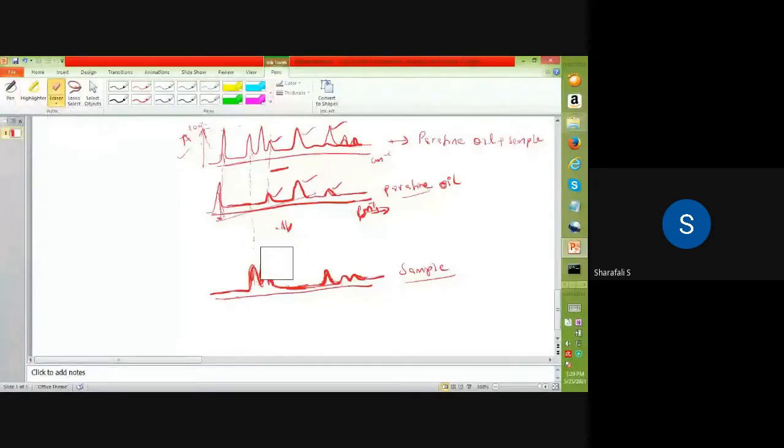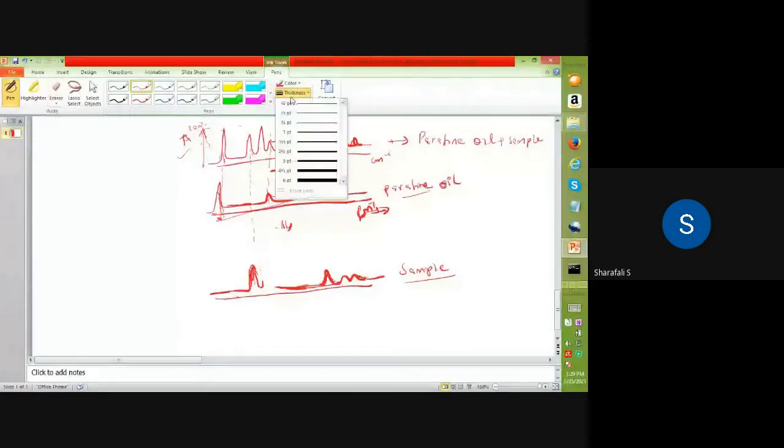By using the FTIR spectrometer, we can do all these kinds of subtraction and addition, which we will not be able to do in the case of a conventional spectrometer. Okay, so by using this technique, we get the spectra of the sample after subtracting that of the paraffin oil.